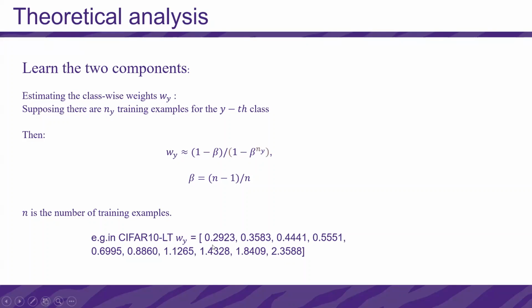It makes sense because the first element is the class-wise weight of the head classes. Because the head class has very large examples, the weight is relatively very small. And the last is the largest because the tail classes only have very few examples.